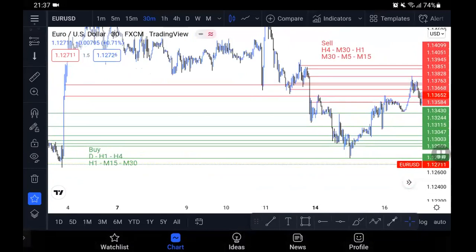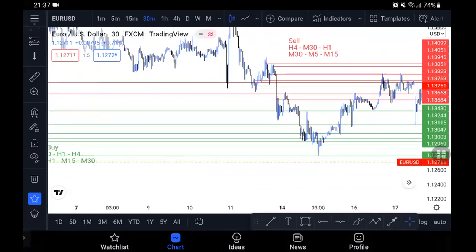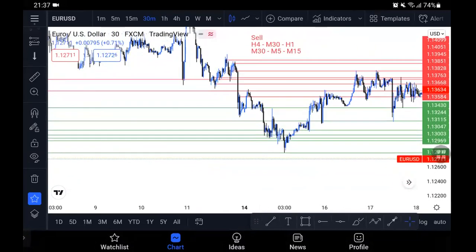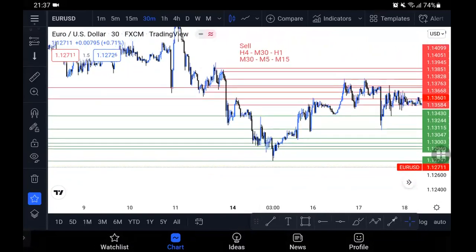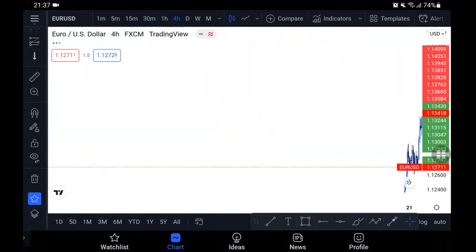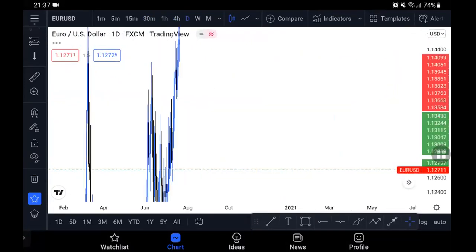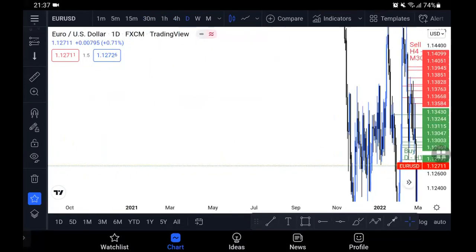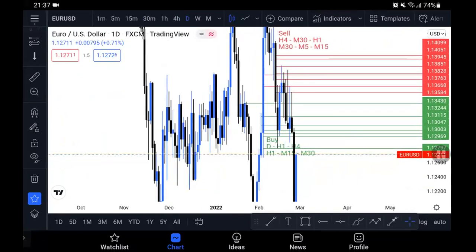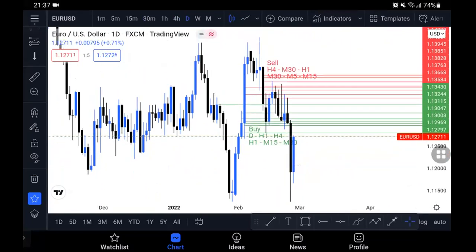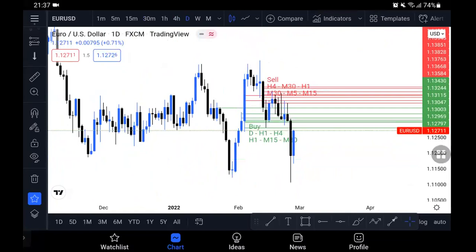So we know which time frame to look for buy and which time frame to look for sell. So for the MDA, okay, let's say we want to use it on the buy. So the MDA we will use using the time frame order also.